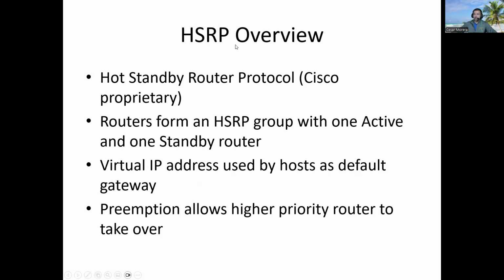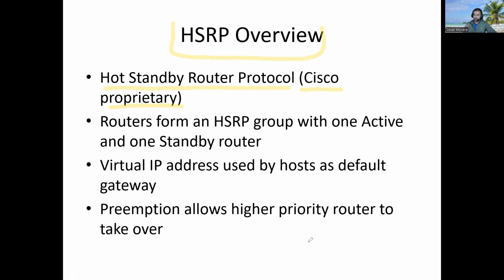Here we have Hot Standby Router Protocol, the Cisco proprietary HSRP overview. Routers will form an HSRP group with one active and one standby router. A virtual IP address is used by hosts as the default gateway, and preemption allows higher priority routers to take over.